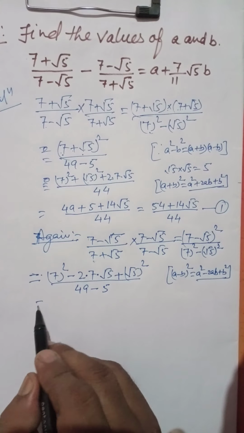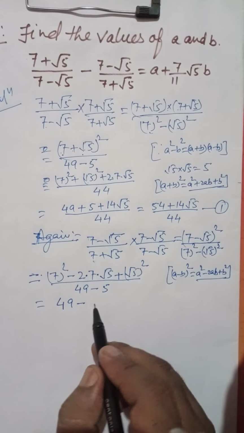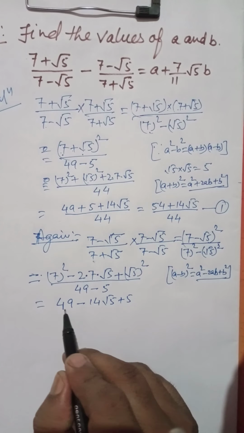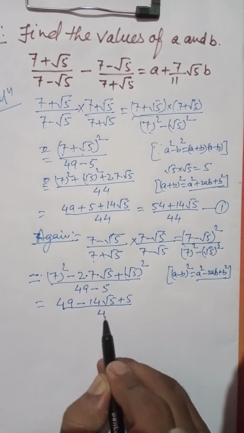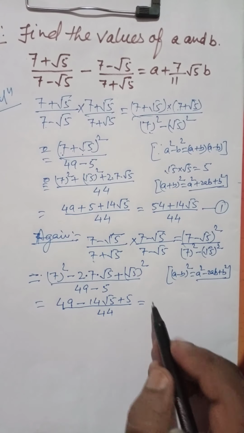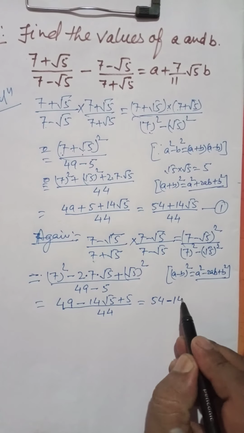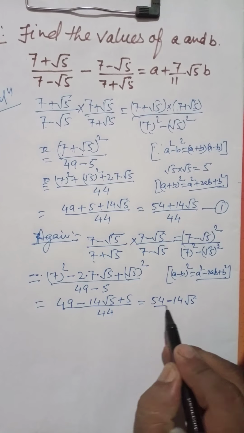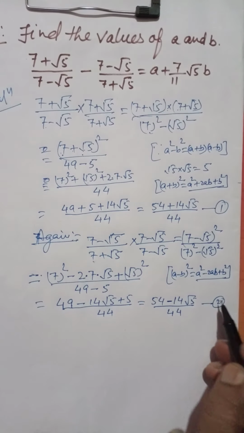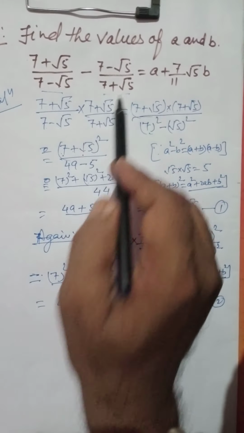Now we will get 49 minus 14 root 5 plus 5 upon 44. Now here 49 plus 5 we will get 54 minus 14 root 5 upon 44. Now this is equation 2.